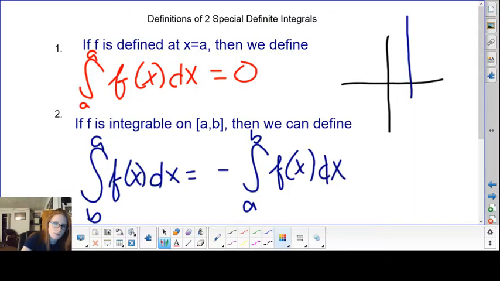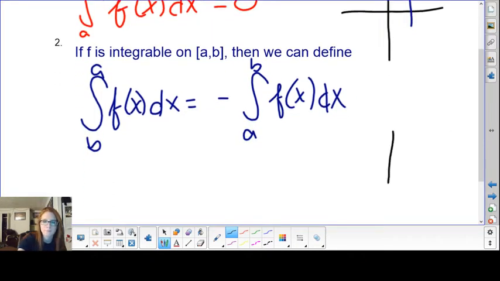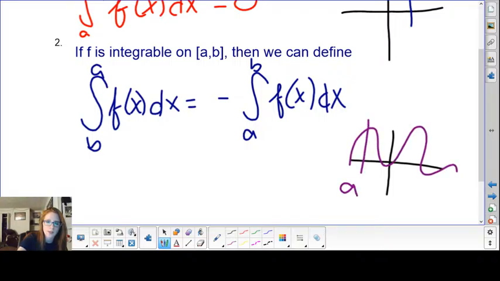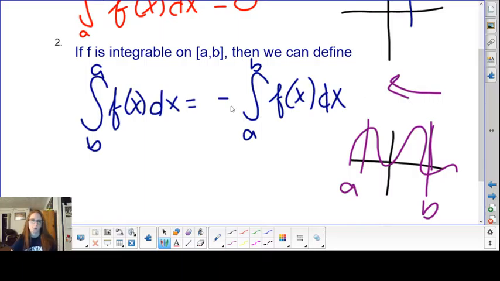So in this case, on my coordinate grid, I have some function. We always go a to b. We like to be consistent, so we go in alphabetical order, just like we do numerical value. So typically we're going from A to B, but if it's asking me to go from B to A, we're going to go backwards. Because we're going backwards, we need a negative sign, because it's the opposite of what we're used to doing.